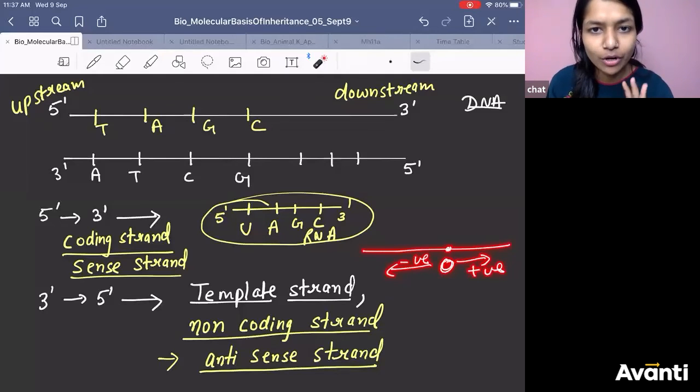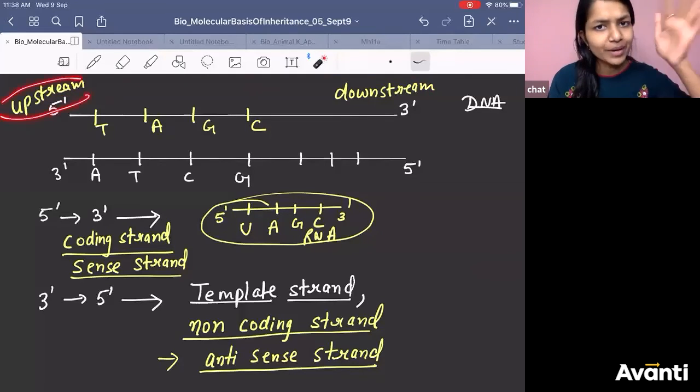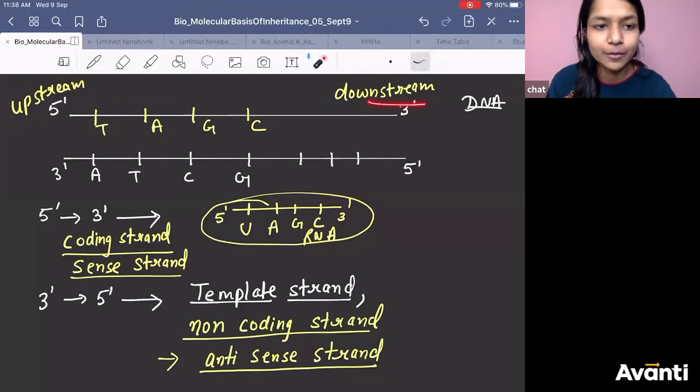You all follow it or not? Number line. Same way, this is the convention that the nomenclature is done by coding strand and the 5 prime is upstream, up, and the 3 prime is what? Downstream. Is this clear? The convention is clear? Any doubt in the convention part?